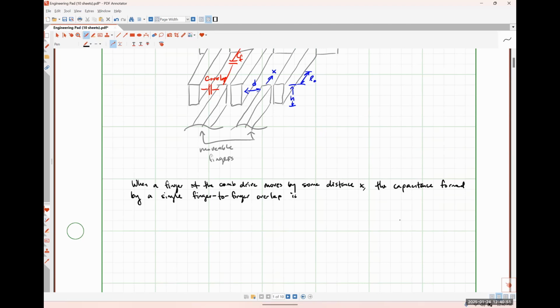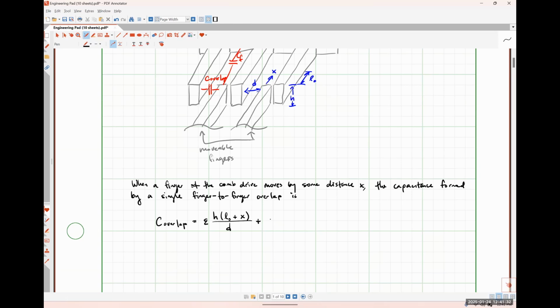I'm going to say that C overlap is equal to epsilon times the area, which is formed of my height H times L naught, the initial overlap length, plus X, where we're assuming that the positive X direction is causing that amount of overlap to be increasing. All of this is going to be over that nominal gap distance D.